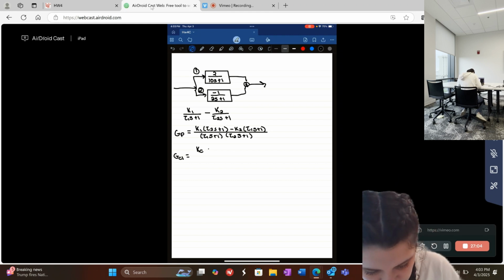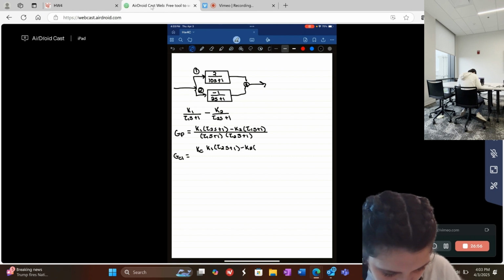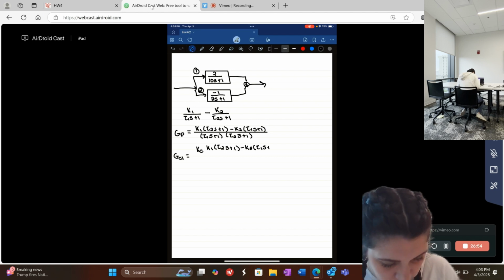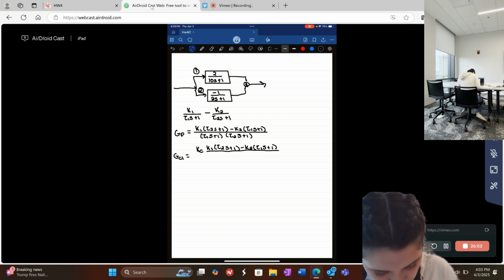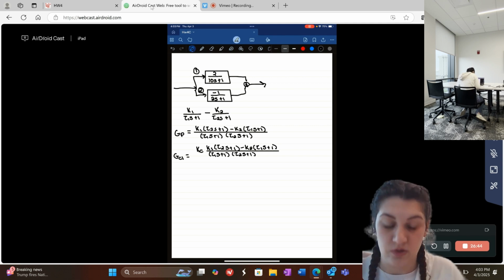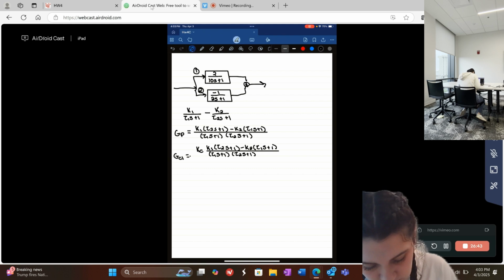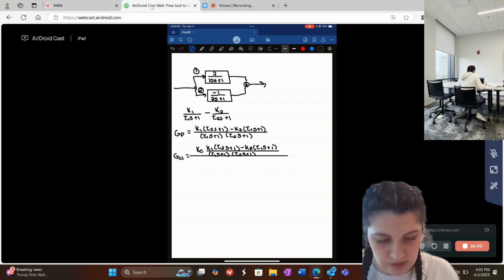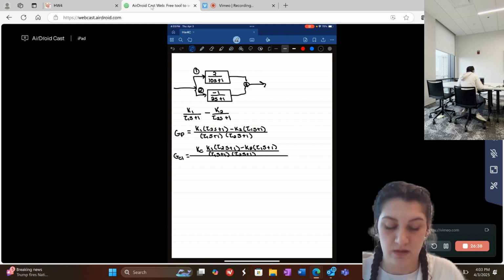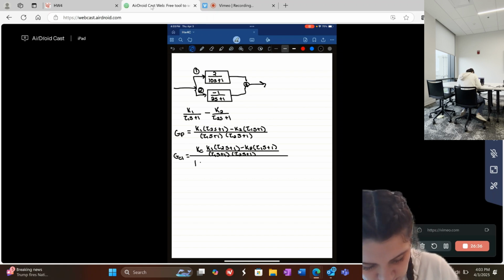So KC times K1 tau 2s plus 1 minus K2 tau 1s plus 1 all over tau 1s plus 1 times tau 2s plus 1. And that's the numerator. And then in the denominator, we are going to have the same thing, but we're going to add 1 to it.